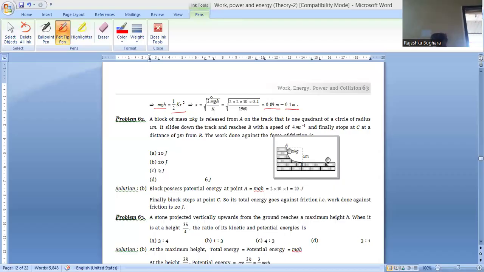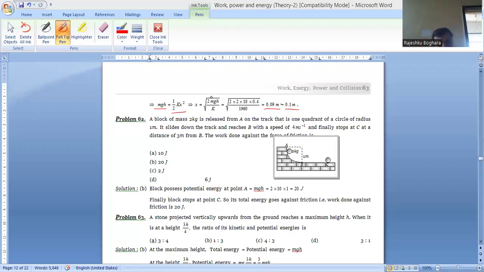ओके, पावर इज इक्वल टू वर्क डन बाय टाइम, mgh by t. तो मीन्स t constant, g constant, h constant, means p proportional to m. तो मास ट्वाइस करना है वही टाइम में. तो p dash proportional to 2m.